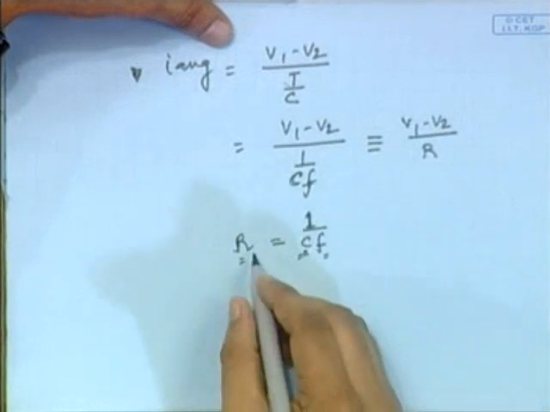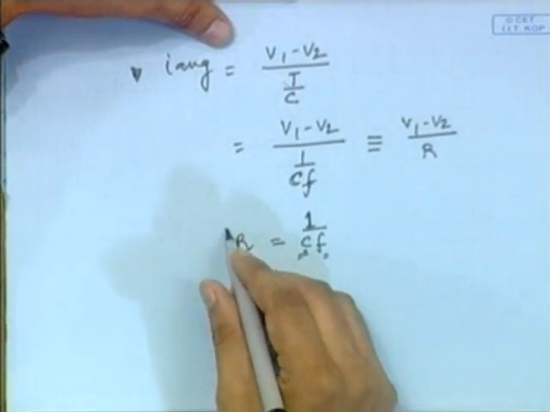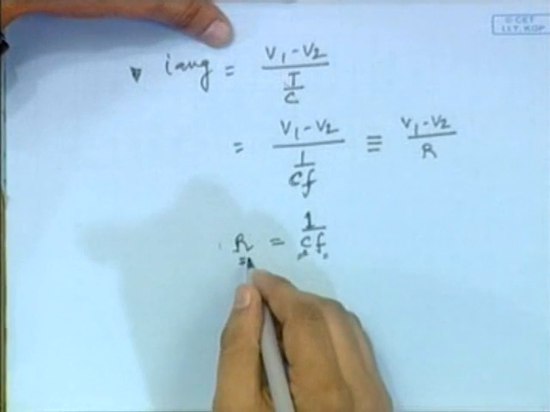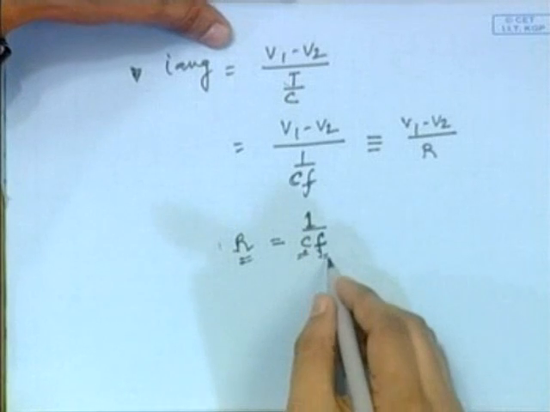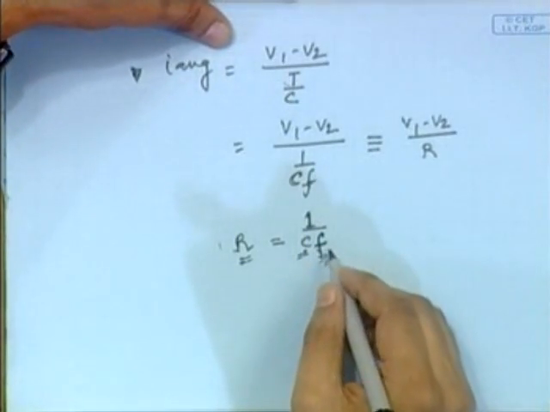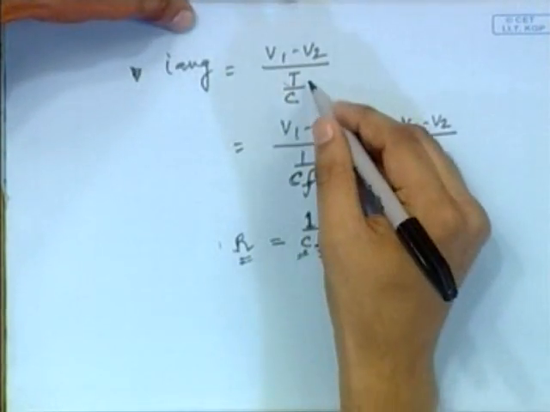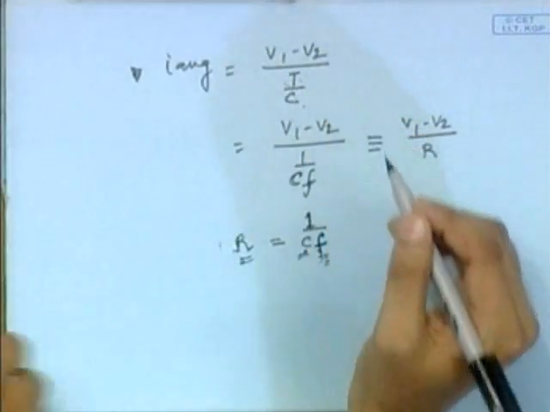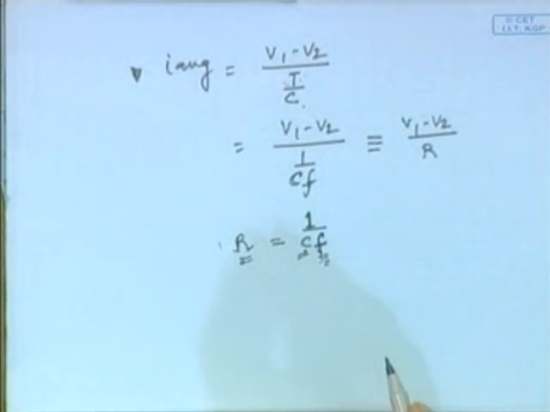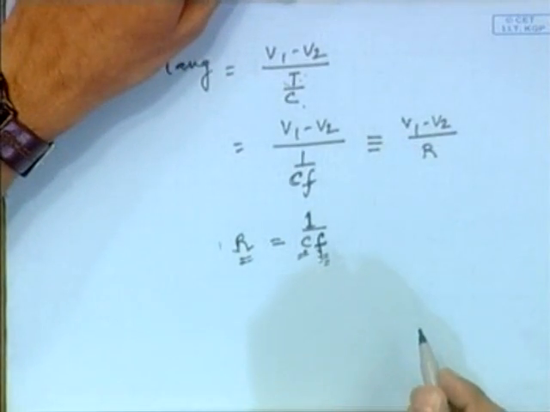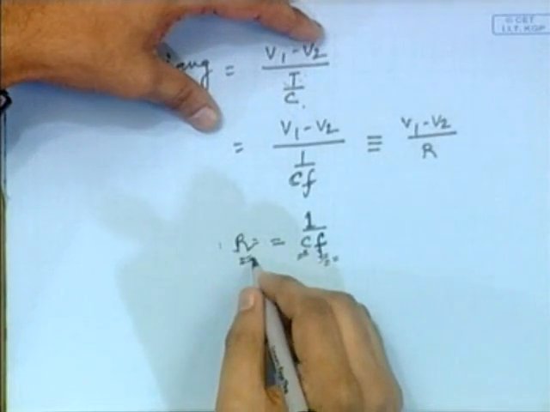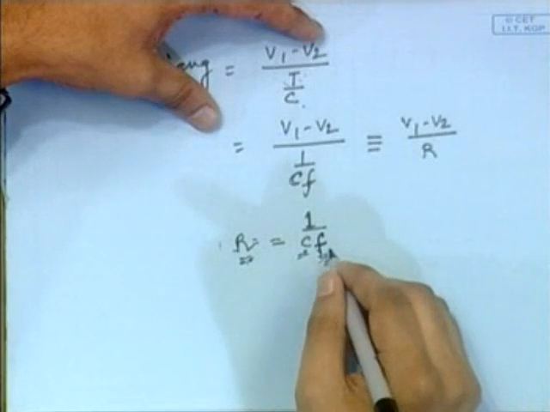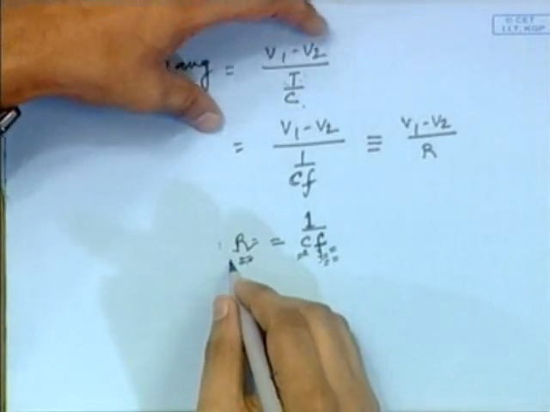And to get a high resistance, we do not need any high resistance value, because if we decrease the frequency, then we can have a large value of R. At the same time, if we increase the frequency, we can have a small value of R.